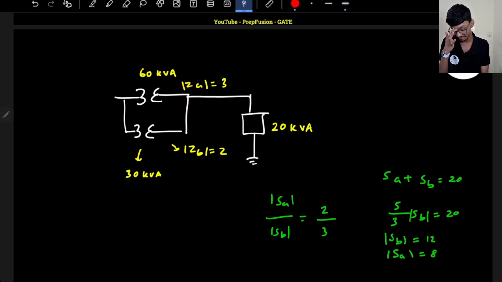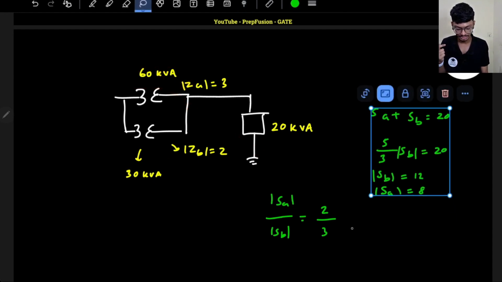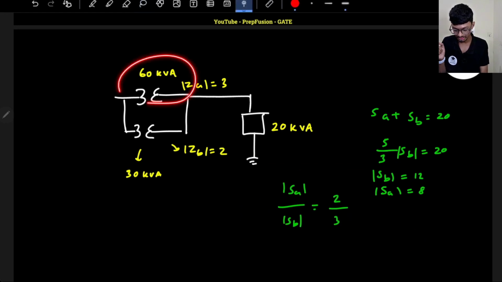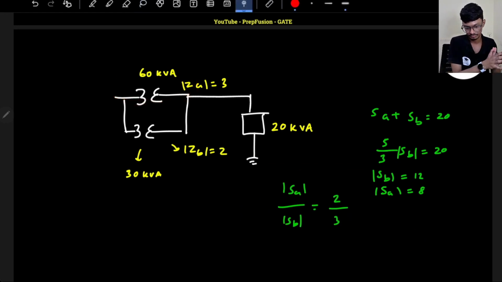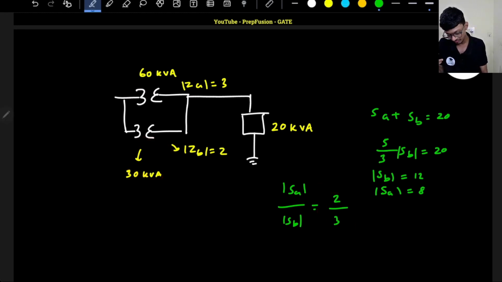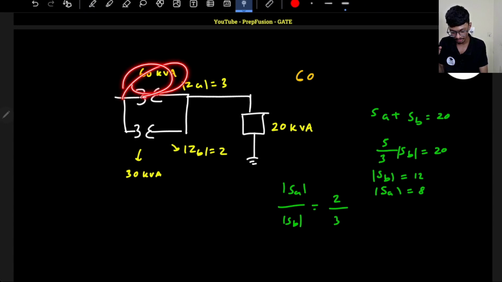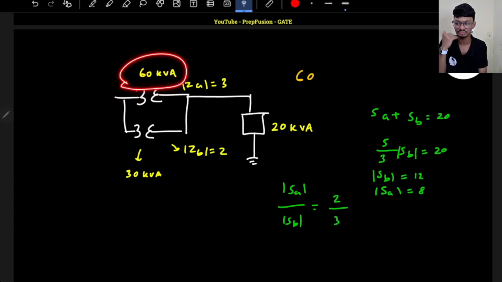Maybe this is not a good approach, right? Actually, I want them to transfer the power proportional to their ratings. So how will I bring that into the picture? I want them to always share the power proportional to their ratings, because if I am delivering 60 kVA, and the rated power of one is double, it should deliver double the power.